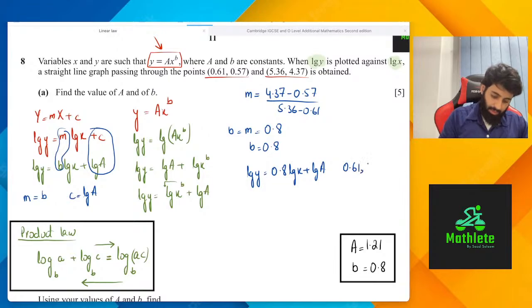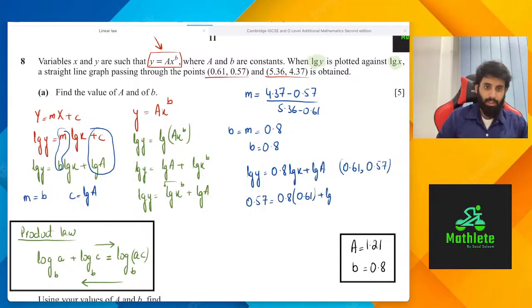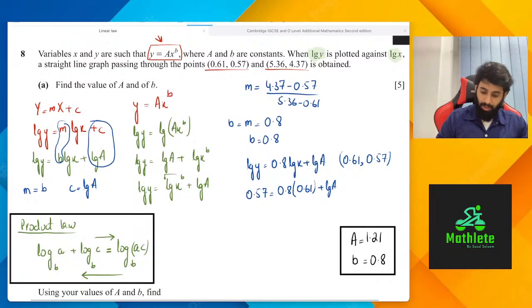So (0.61, 0.57) is a point that I can use. In place of LGY we'll have 0.57, 0.8 as it is, and in place of LGX we'll have 0.61 plus LGA. Now let's see what we have. We have 0.57 is equal to 0.8 into 0.61. That means we're looking at 0.488 plus LGA.